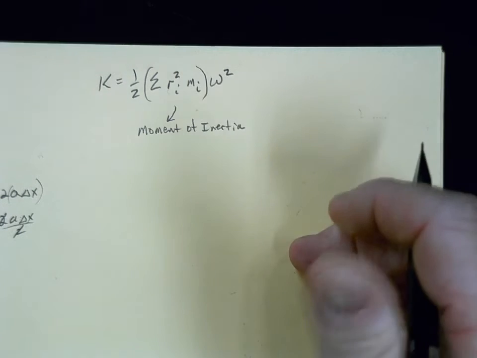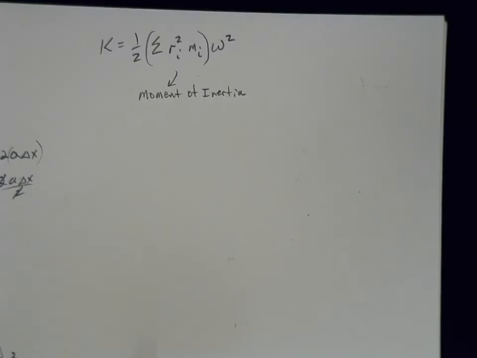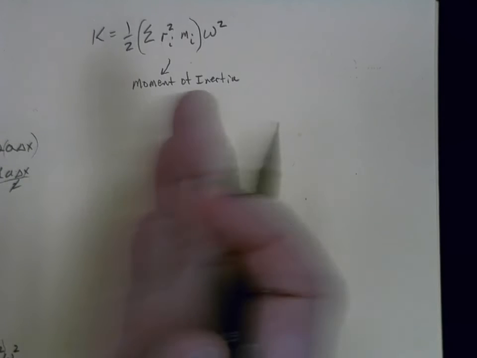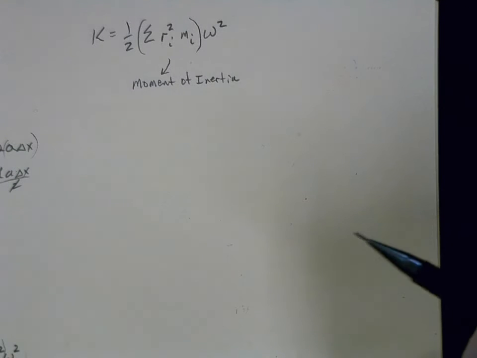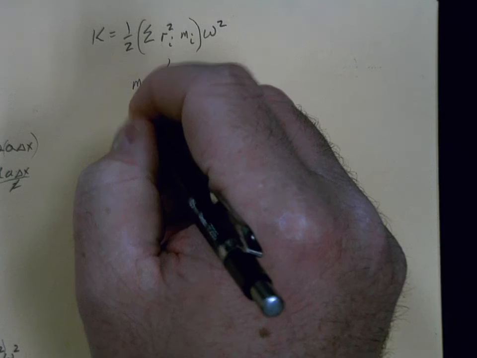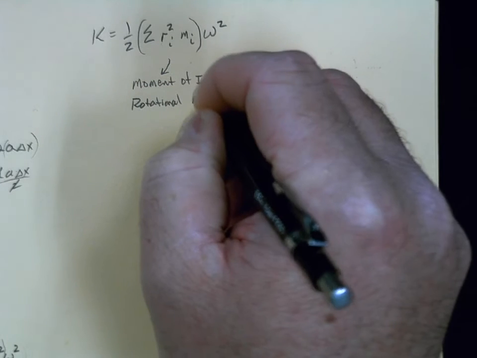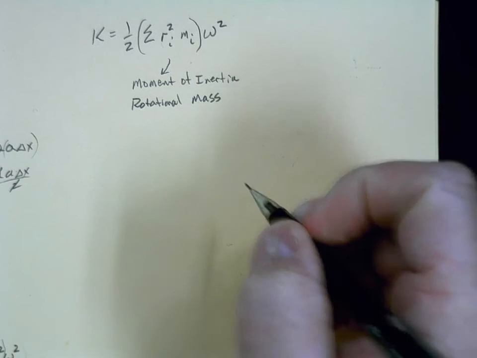But I don't want you to think about it that way. It's sort of an esoteric term that you guys don't necessarily need to be thinking about, although this is what is going to be called on your test. So you do need to know that it's called a moment of inertia. But how I want you to think about this is the rotational mass of something.